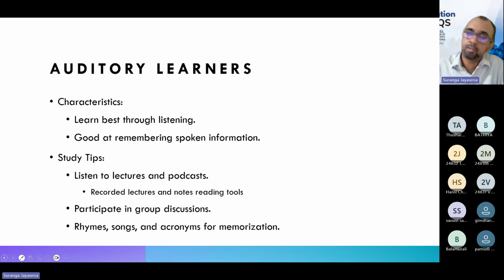But of course, nowadays you don't have to really go for such online podcasts, right? If you have digital notes, that means soft copies of any notes, there are mobile apps which you can install and add them to. Say, for example, if it is a PDF file or a Word file, you can add this file to the app, and the app will read it out for you.